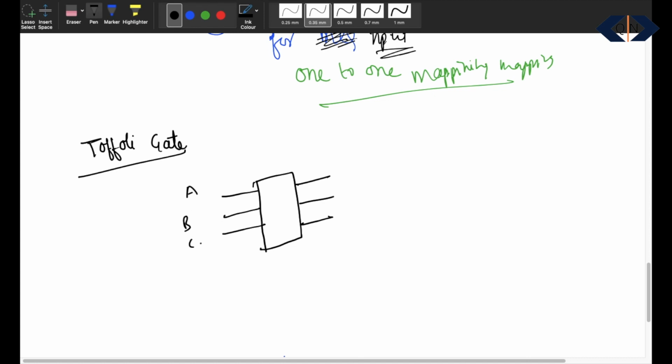So this should be A, B, C. And this side it is A, means whatever we are feeding, we are getting A. This side B, and this side it can be C also, or it depends on what type of logic you require. So it will be equivalent to AB XOR C for the Toffoli gate.